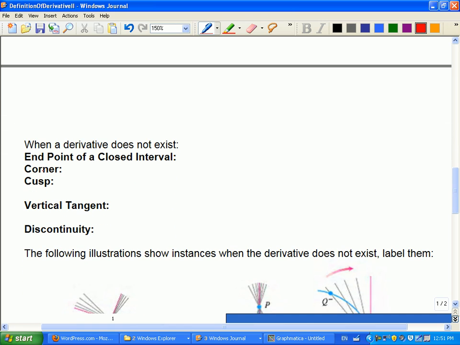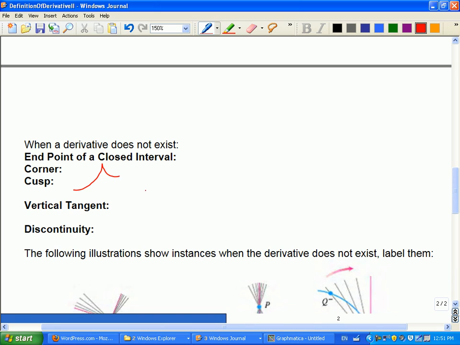The other things that we call a corner, for example, or a cusp, that's when you have a graph that goes something like this, right? It does that. Or maybe it's like a graph that goes like this. Generally, it's a piecewise graph, but there are some fairly crazy graphs out there that can do this without having to make a piecewise graph.